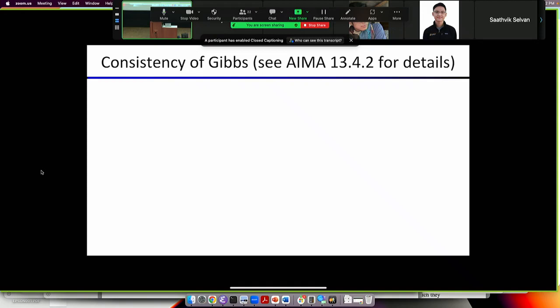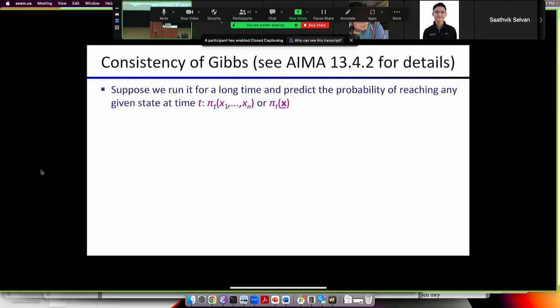Okay, so very briefly, let me just go over the idea of how do we know that this converges, right? What does it look like to do that type of analysis? The first thing you have to think about is, okay, if I run this for a while, I could reach any of the states of the network.